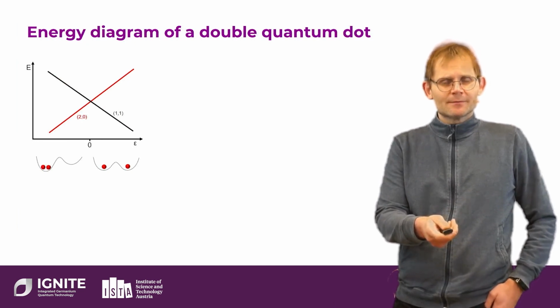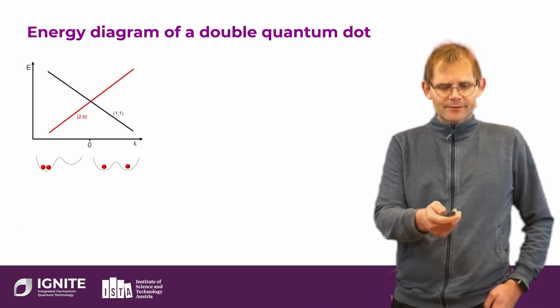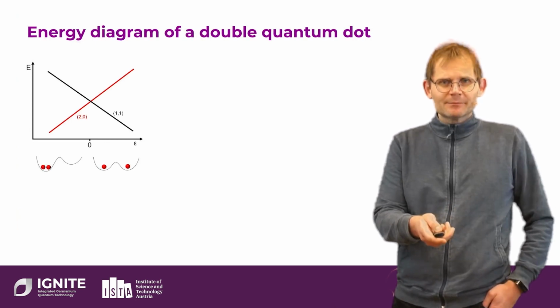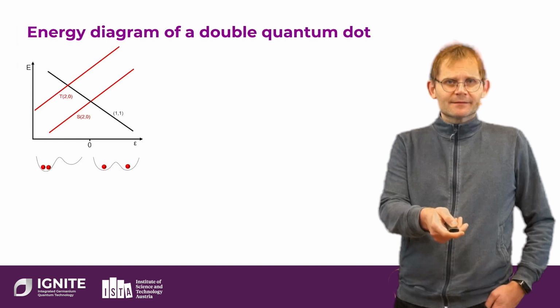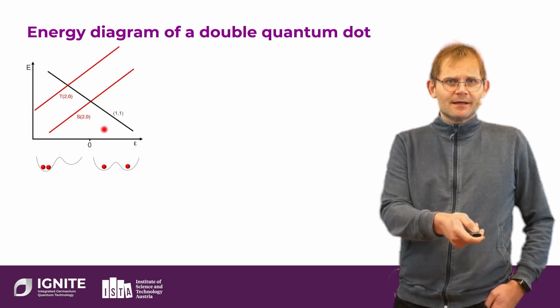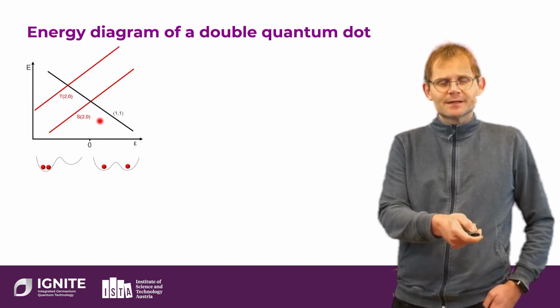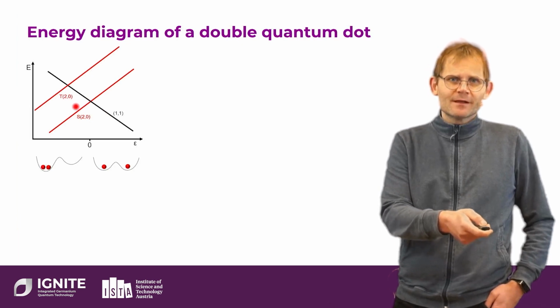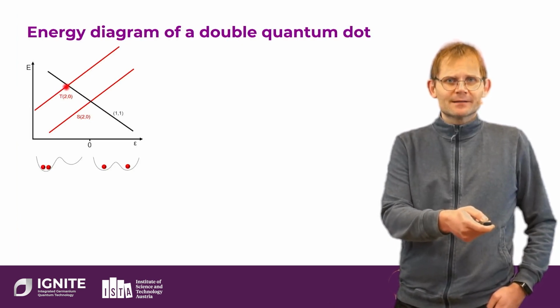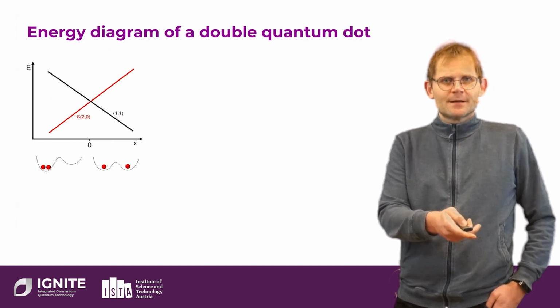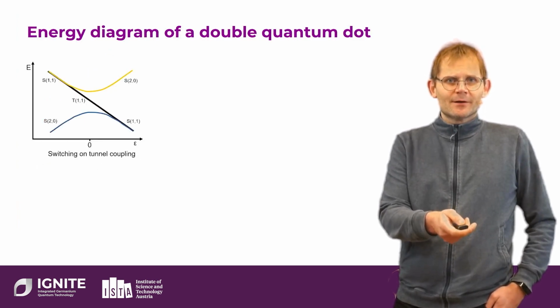What happens now if I turn on the tunnel coupling? But before doing that, let me remind you that I don't consider in the (2,0) configuration, as I explained before, the triplet (2,0), which is very high up in energy, so we will forget about it. Let's turn on tunnel coupling.